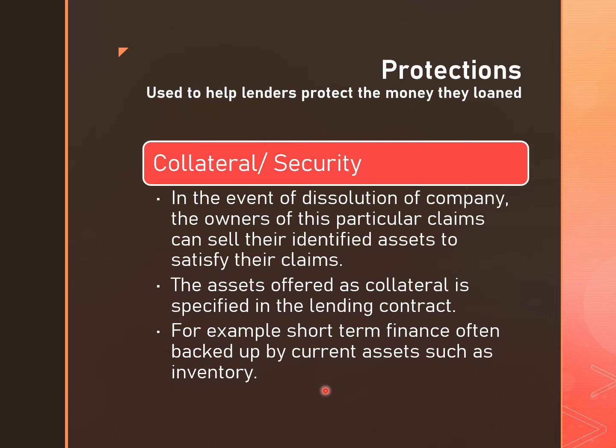Okay, biasakan kita lihat dalam drama-drama Melayu, kalau nak pinjam duit kena ada cagaran, so dia pergi cagar rumah ataupun tanah bapak dia. So last-last dia jadi anak derhaka. So itulah collateral sebenarnya. Bila kita tak mampu bayar the hutang, so bank akan ada hak untuk sell the identified asset untuk get back their money.